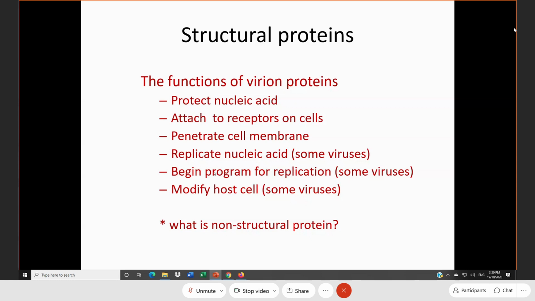The protein useful for virus replication can come from the virus itself or from the host. In many cases, when viruses enter the host, they modify the host cell, including papilloma virus and pox virus, so that the host cell becomes suitable for them. Okay? So for non-structural, you can mostly think of enzymes. Enzymes are non-structural.